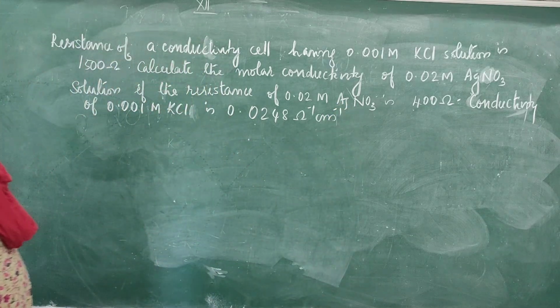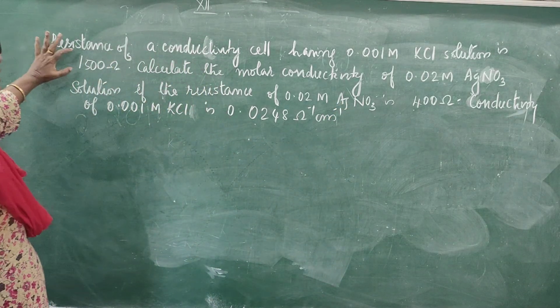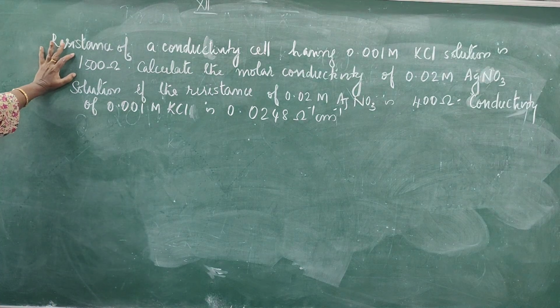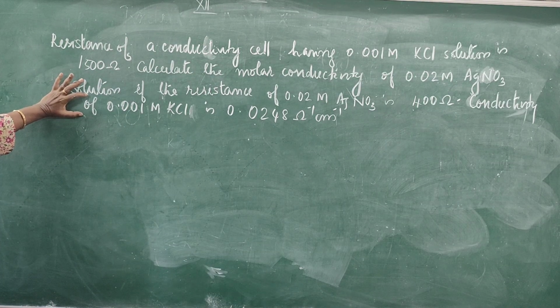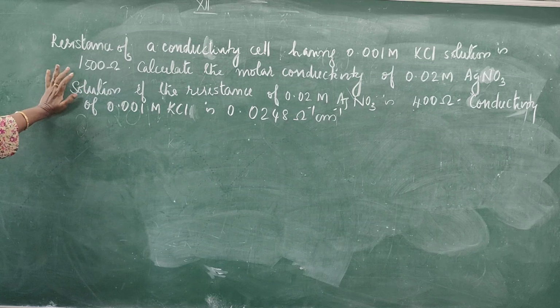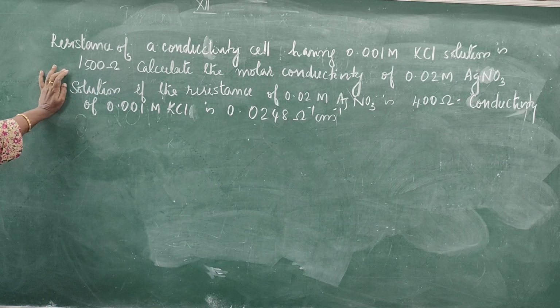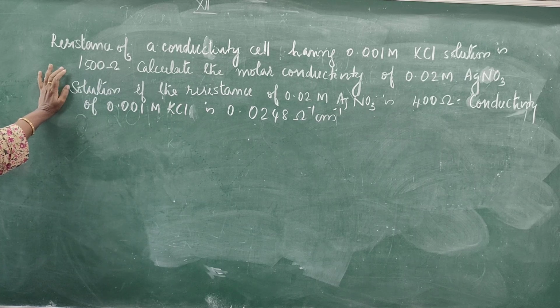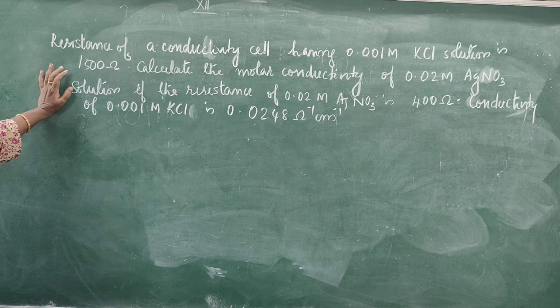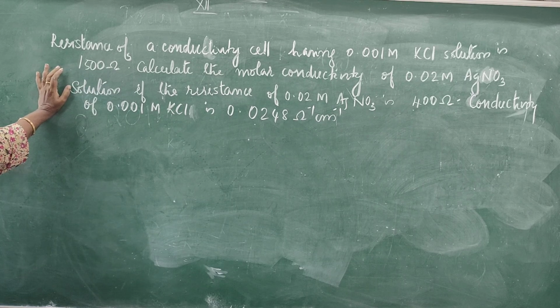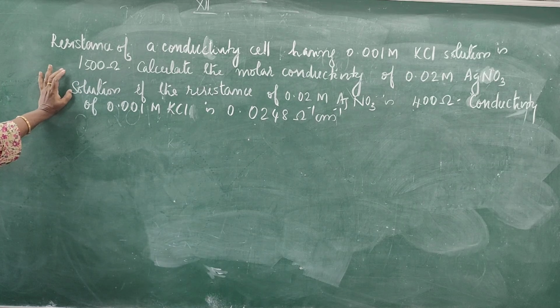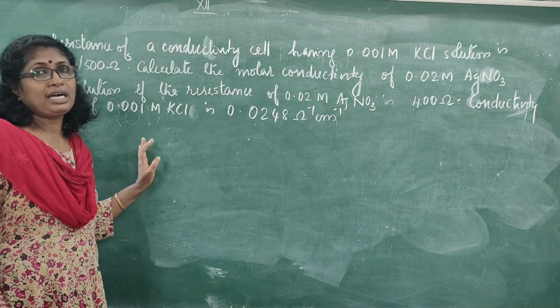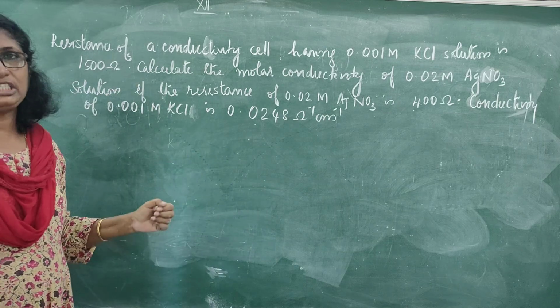So you are given the resistance of the KCl solution, and you are also given the conductivity of that solution. You are asked to calculate the molar conductivity of 0.02 molar AgNO3 solution.